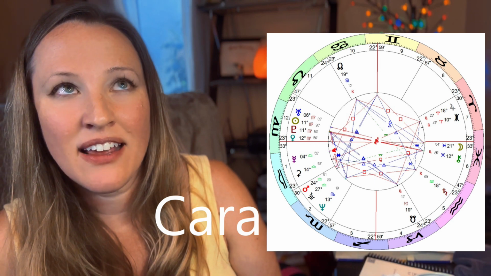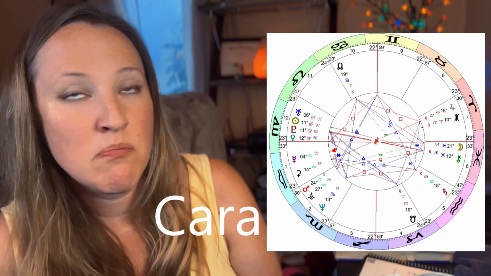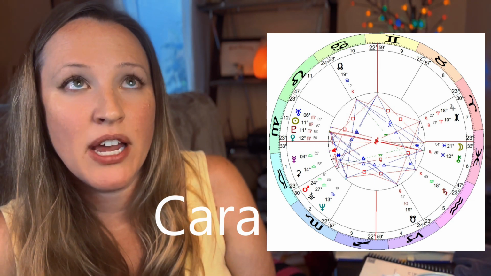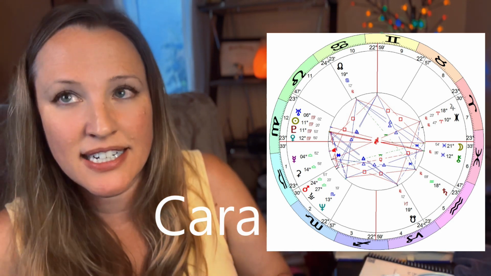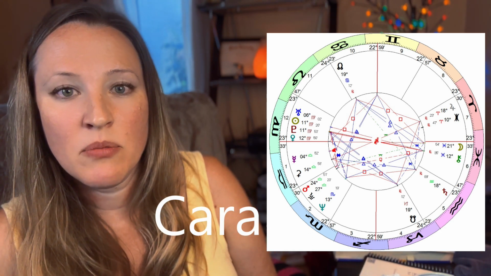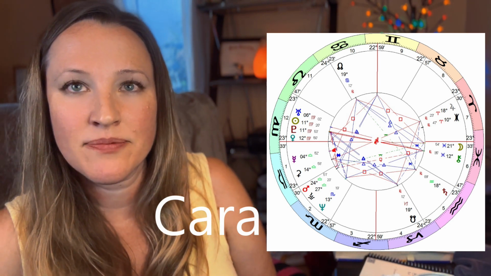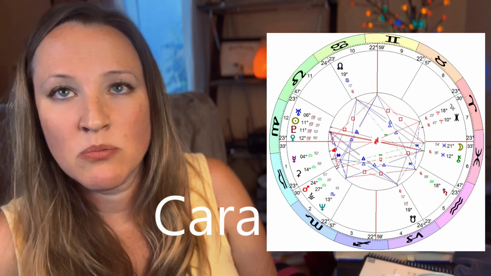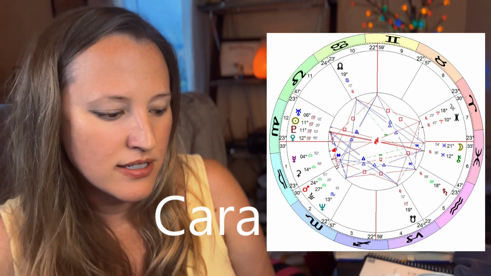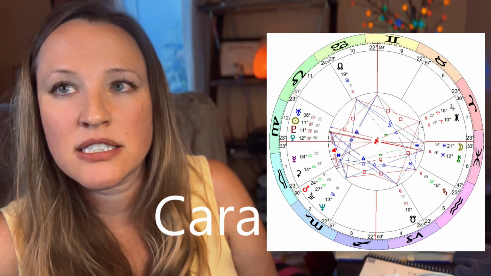And I would say that it may be easiest for Cara, if she's trying to stick with something, in the workplace, because Mars is in the second house, and the second house is connected to work.